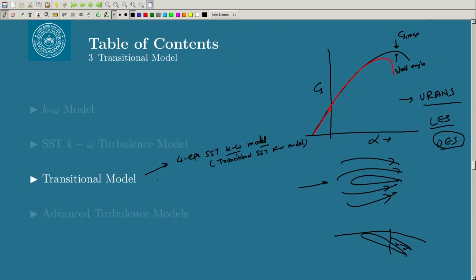Along with that, you have 2 more equations, and I will come to those 2 equations very soon. Then you have the K, KL and KT equation. It is also called the laminar kinetic energy model.